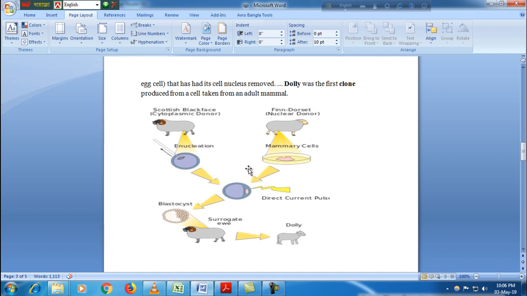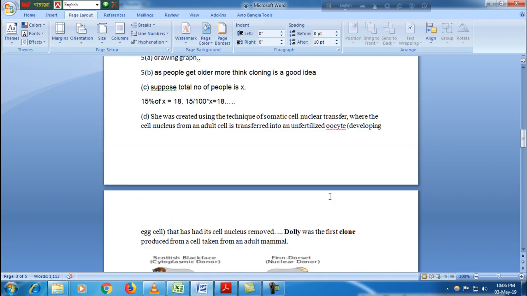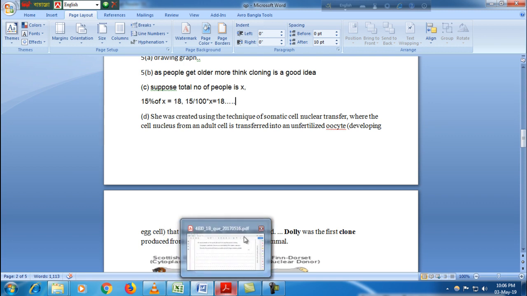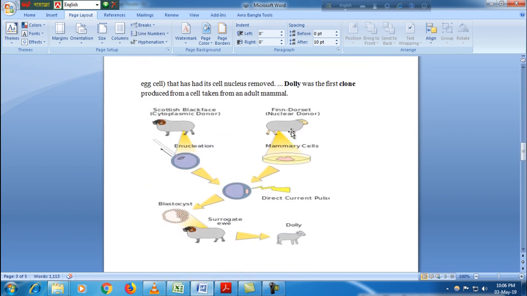She was produced using the nucleus from an udder cell, although other cells such as skin cells may also be used. Now the method for adult cloning is: number 1, the nucleus is removed at first from an unfertilized egg cell.